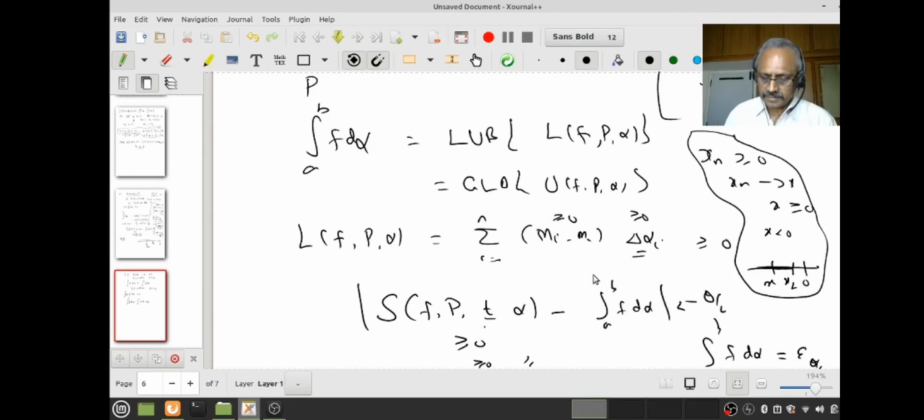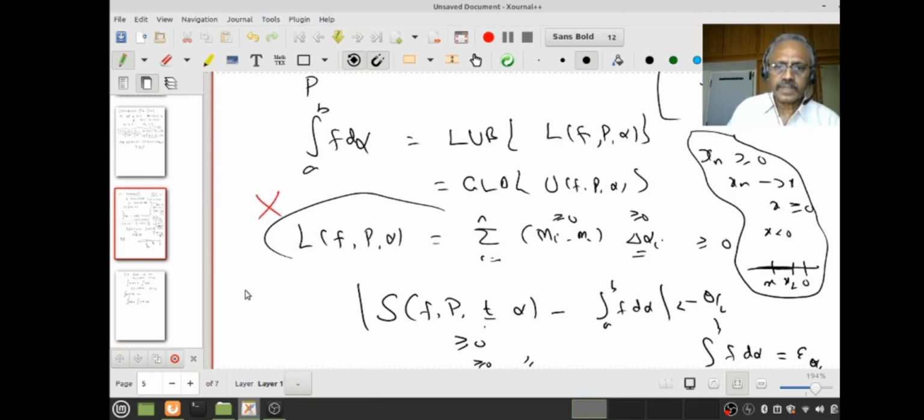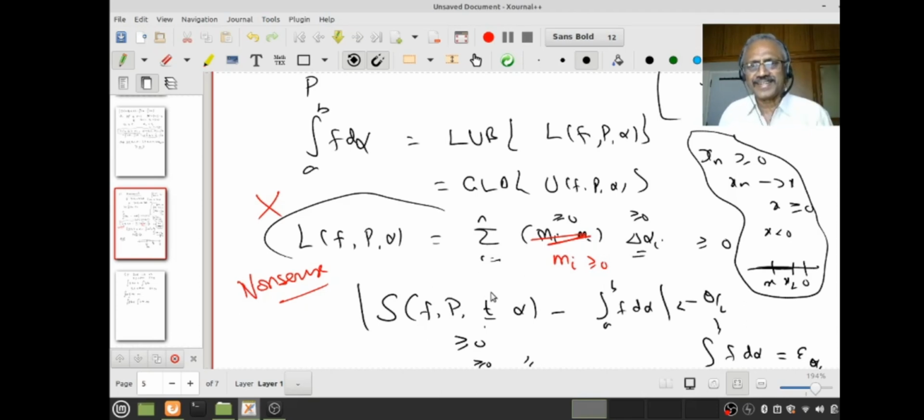I'm sorry, here I made a goof. Nonsense. Since I had been working with U and F, remember this is simply m_i. And m_i is of course greater than or equal to 0 because the function f is non-negative. When I was going through the proof, something was bothering me, but I just skipped it.